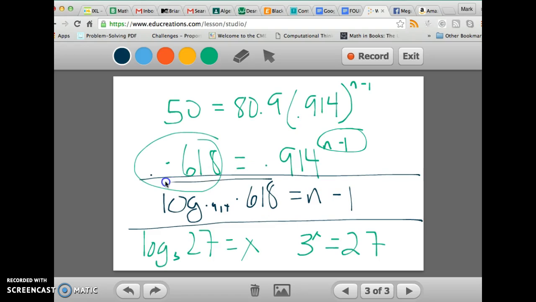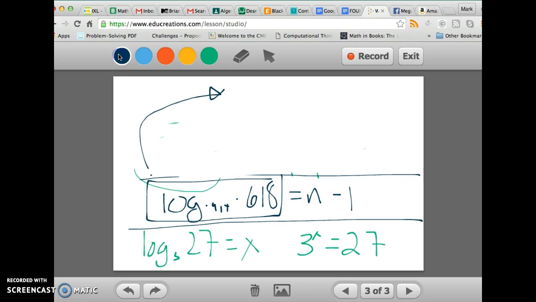I can use the change of base formula to evaluate this. This is equal to log 0.618 divided by log 0.914. Now I'm worried that I'm reversing those. Let's double check.